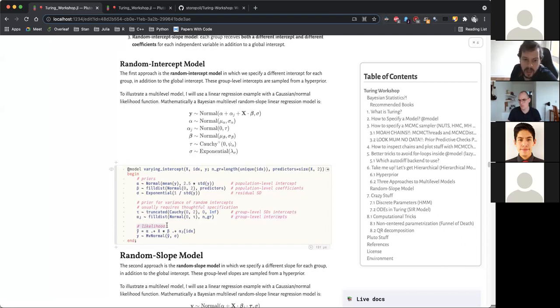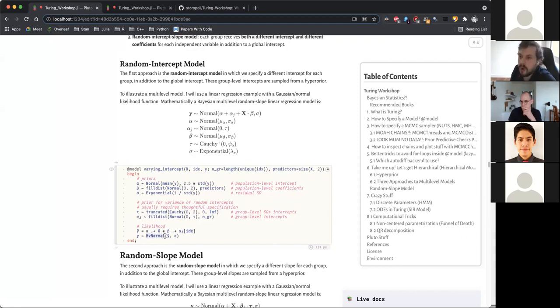And then I do the likelihood. I broke it down for easiness for you guys to see better. I have a linear predictor, y hat, that's alpha plus, vectorized, x times beta, because I have my global coefficients times my model matrix, and then I add alpha indexed by my group.